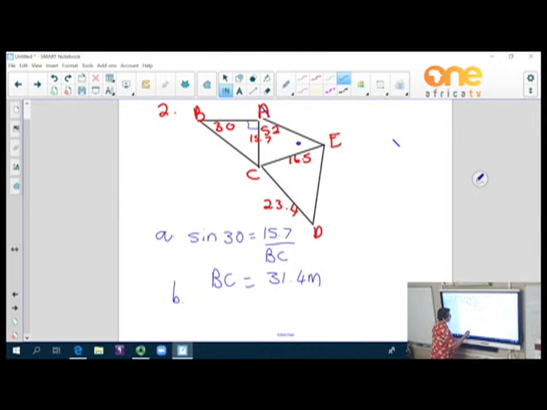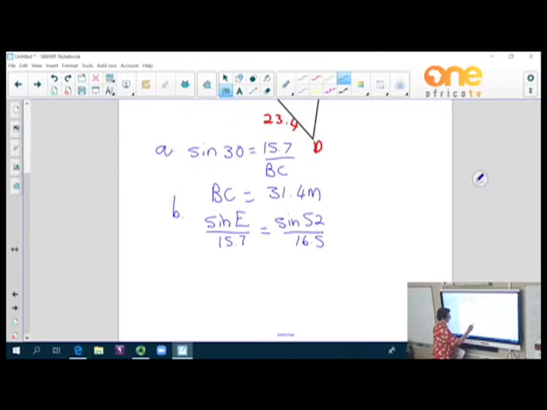Using the sine rule will then be sine E over, which side is opposite this one? 15.7 is then sine 52 over 16.5. Then we cross multiply now here.